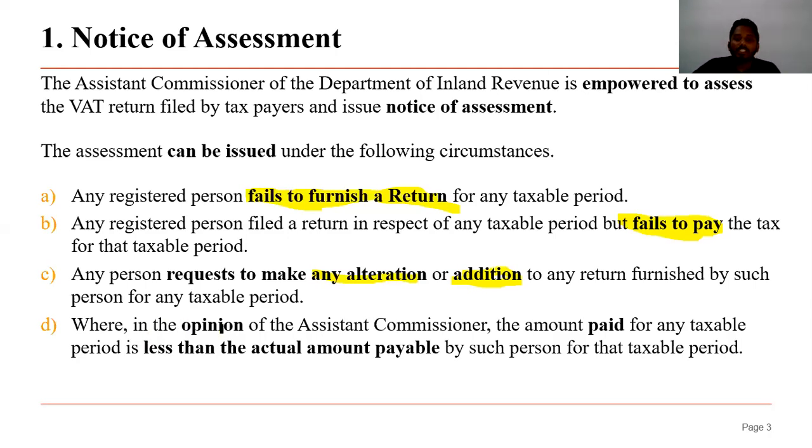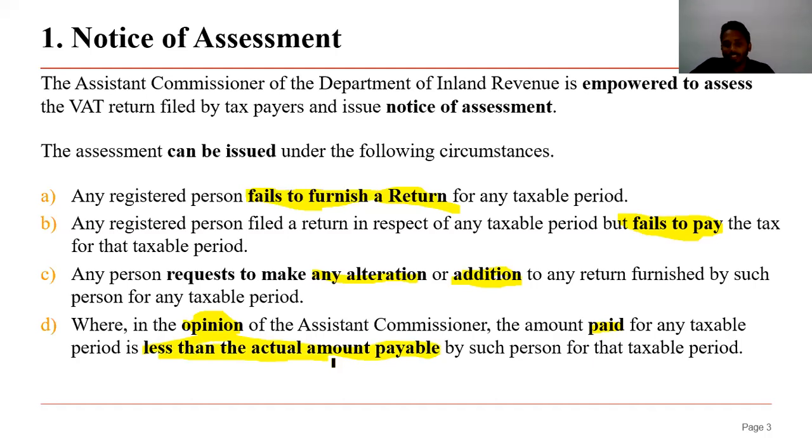Then, where in the opinion of the Assistant Commissioner the amount paid for any taxable period is less than the actual amount payable. The Assistant Commissioner assumes that you paid, but you have paid less than the actual amount. In that case also, you will receive an assessment.